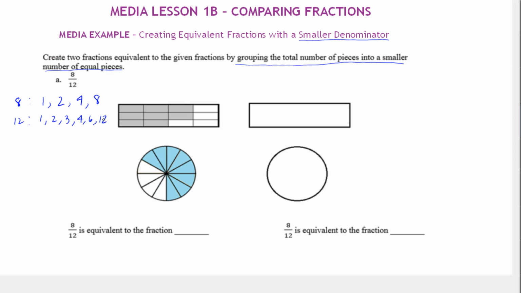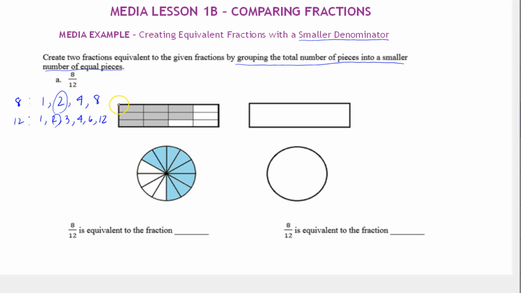So these are the factors of 8 and the factors of 12, and we need to use common factors. So this idea was common factors or the greatest common factor that we learned in a previous lesson. So I am going to start with 2 because both of them are divisible by 2.